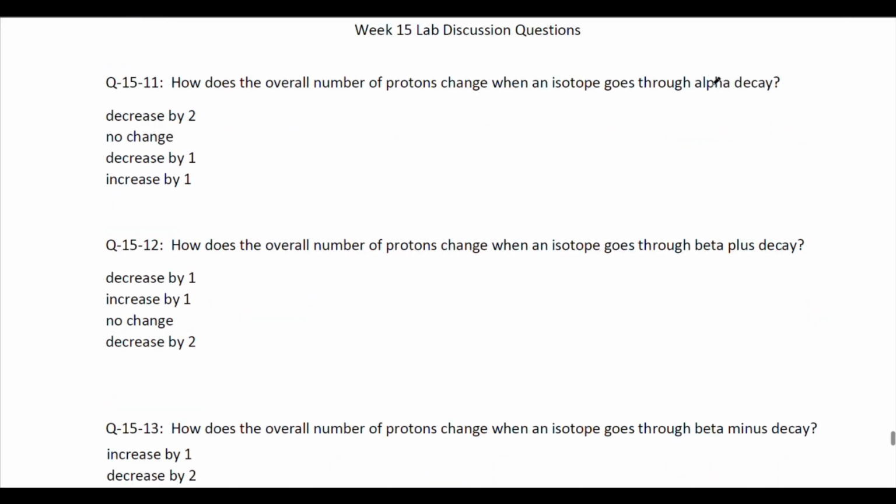And then, like I said before, know the different kinds of particles. So alpha decay, alpha particle, that's helium-4, 2. So it doesn't matter what your starting isotope is or what you end up with. You can make up one like I did earlier. Go, okay, Q, 10, 20, and then see what happens when it goes through alpha decay. Similar here, make up an element, Q, 10, 20, have it go through beta plus decay.